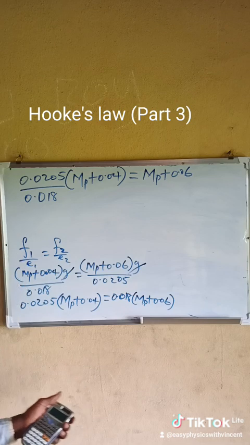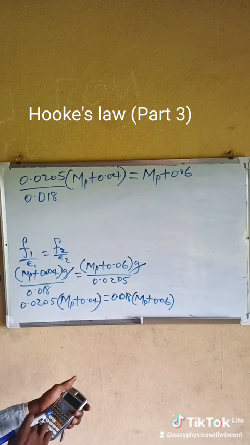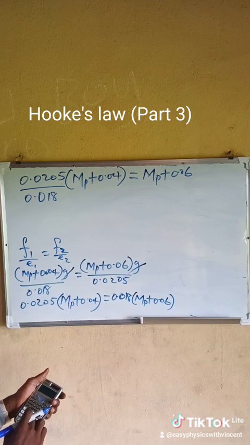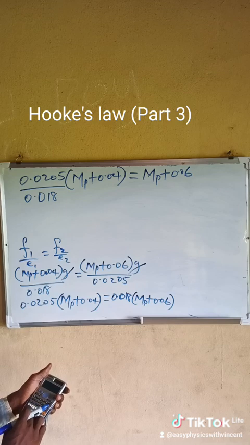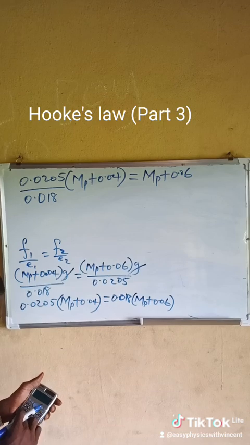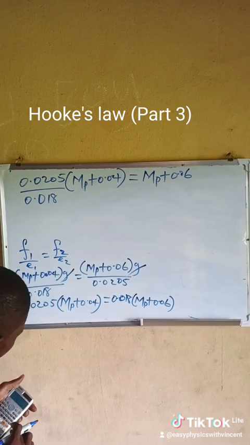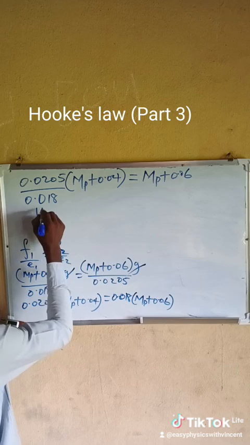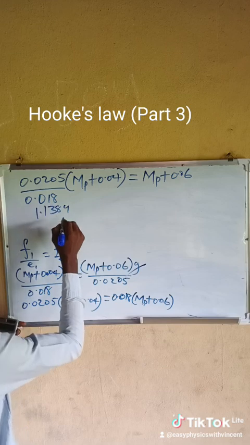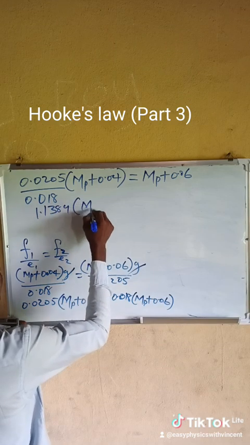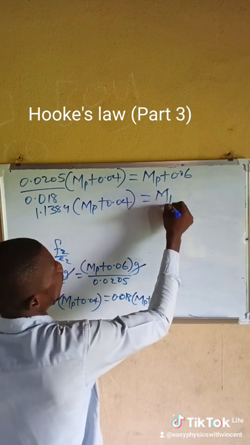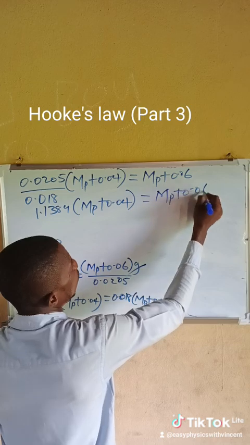Now let us divide this together. You can do the division. We divide 0.0205 by 0.018. So you are going to have 1.1389 into mass of scale pan plus 0.04 equal to mass of scale pan plus 0.06.